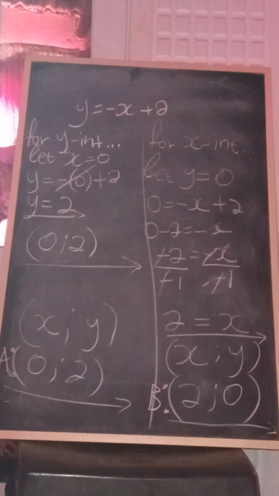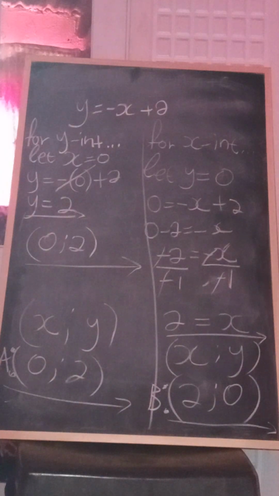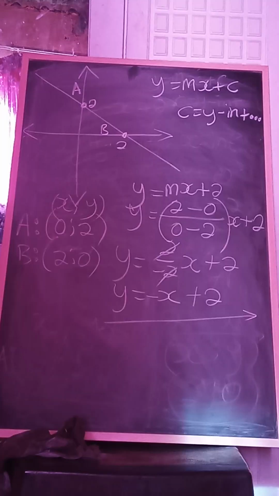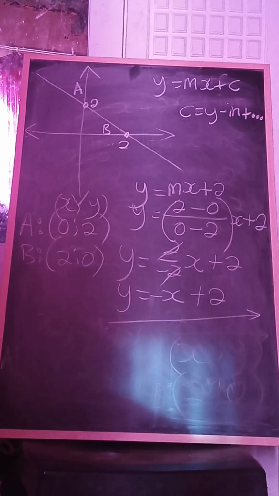So let's see the comparison. Here we found that the first point A is (0, 2), then point B is (2, 0). Going back to this graph from the previous video, this proves that our answer is correct.